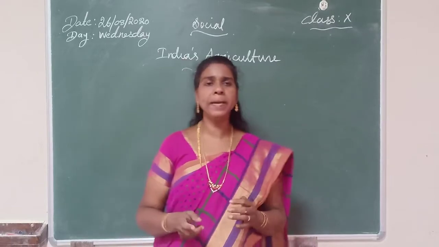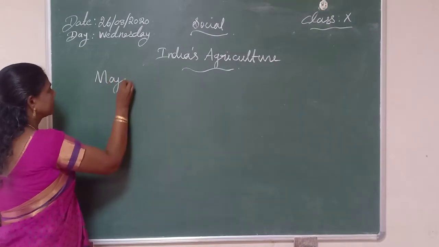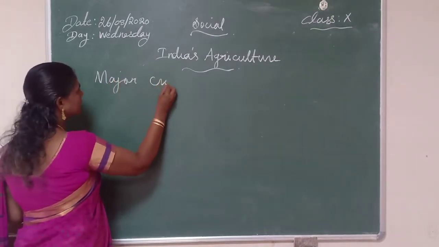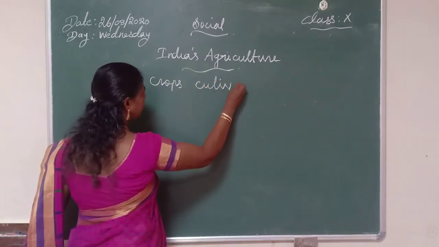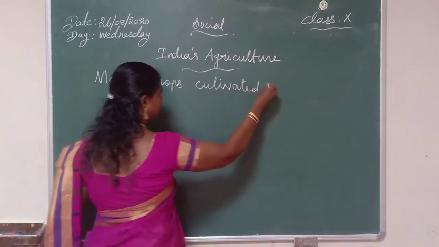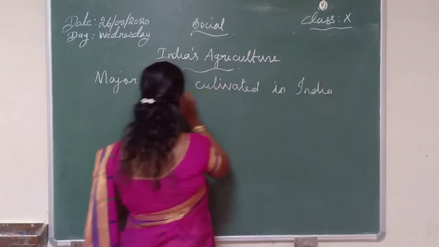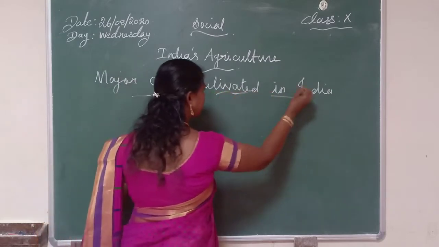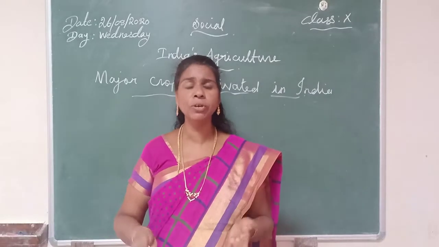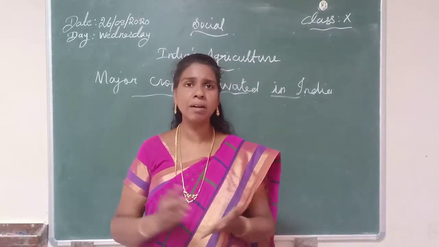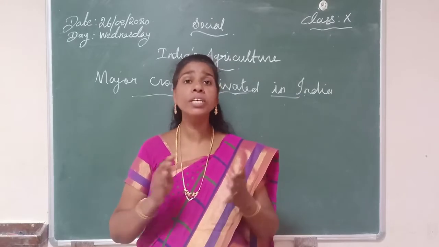The major crops cultivated in India are divided into 4 categories. They are food crops, cash crops, plantation crops and horticulture crops.